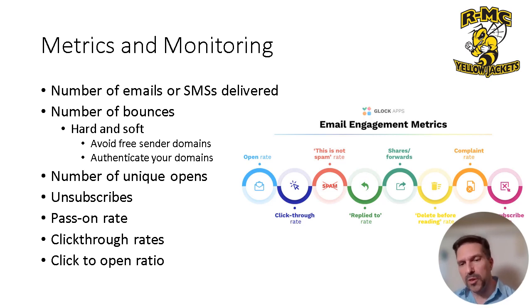Now, obviously, with all these things that you are doing, both for email marketing and text marketing, you should follow up with what you're doing to see whether you are achieving your goals or not. The first step in this is deciding on the metrics that you're going to use. Like we have said in the past, there are many metrics that you can use, and not all metrics are created equal.